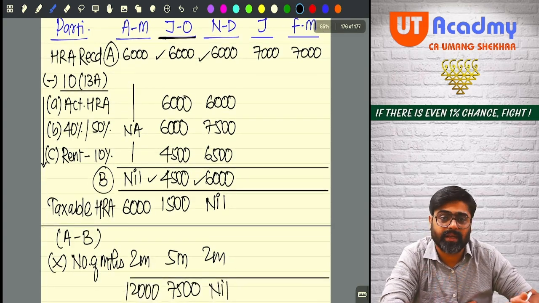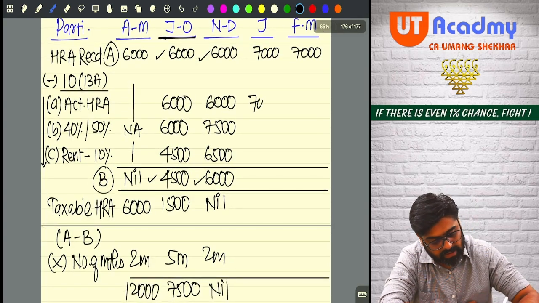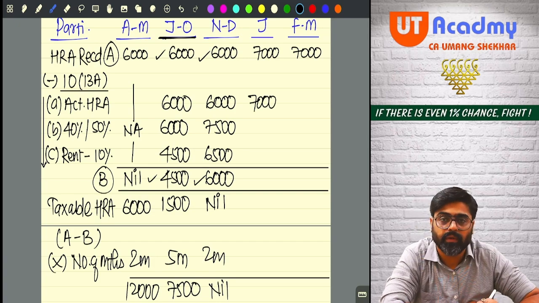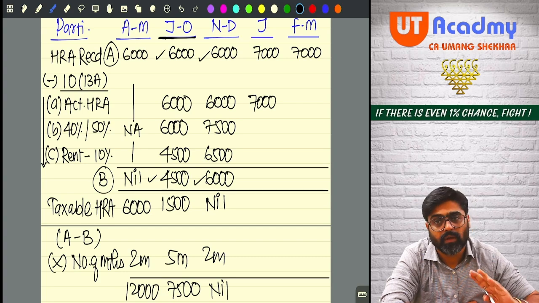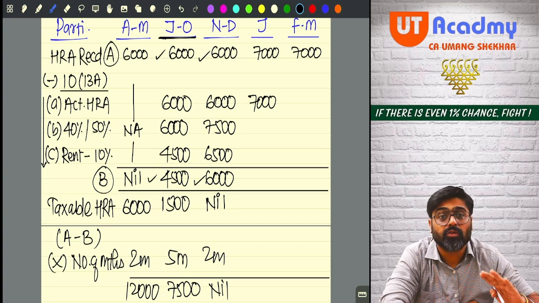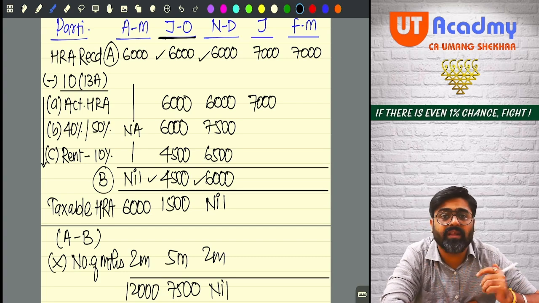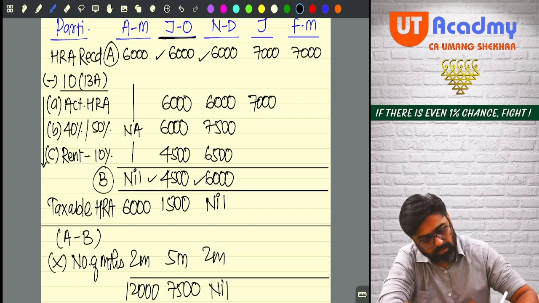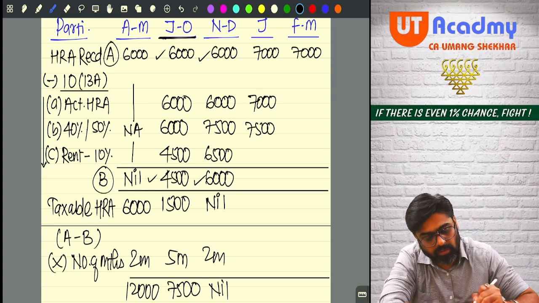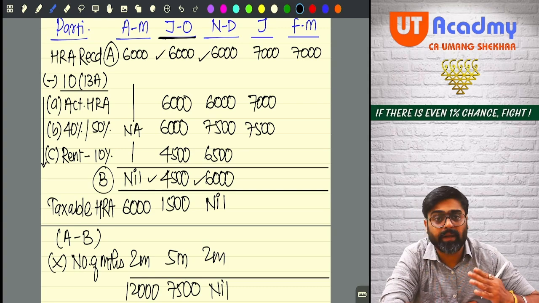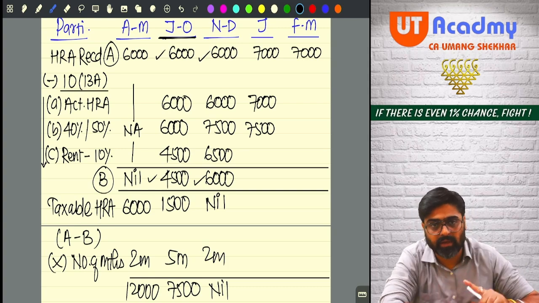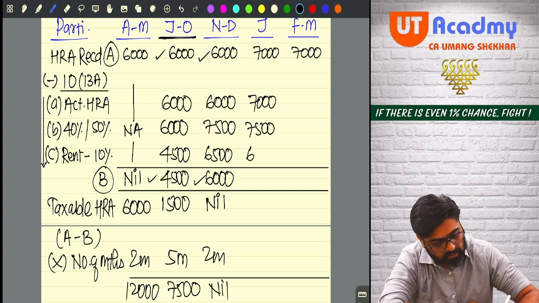Now coming to January. January, my HRA is changing. So actual HRA is 7,000. Salary will remain same, 15,000. Rent is paid in Delhi. So 50% of 15,000 will be 7,500. This will remain same. And rent paid minus 10% of salary, 8,000 minus 1,500 will be 6,500.